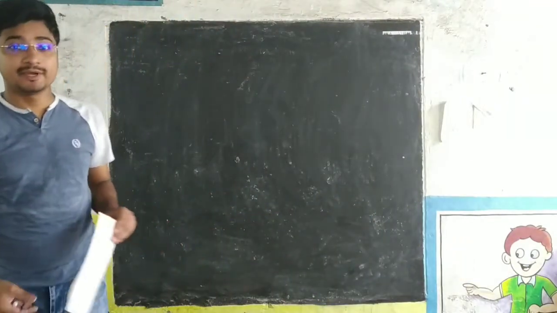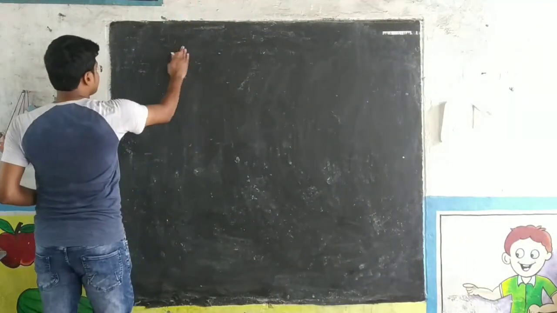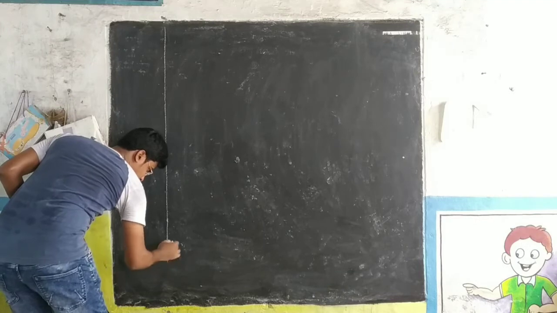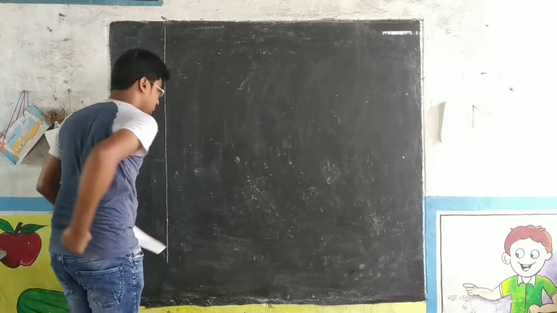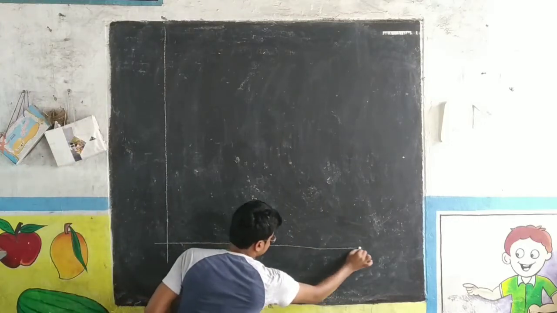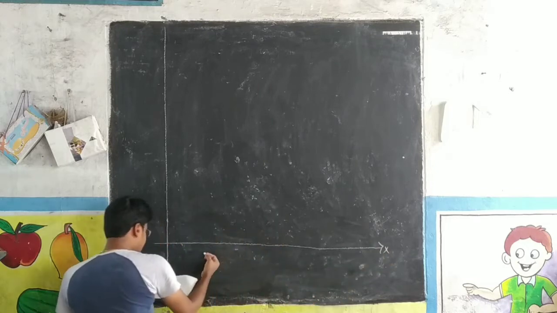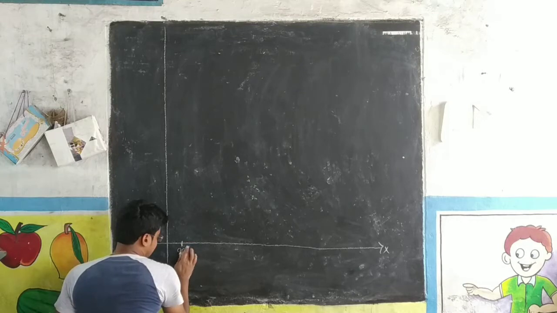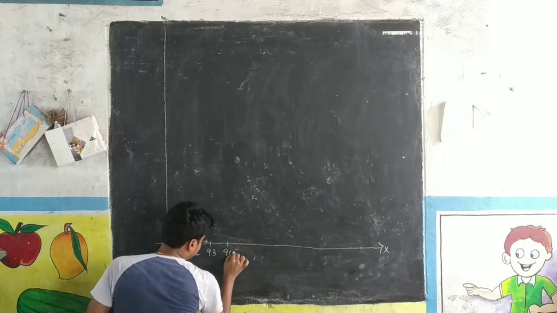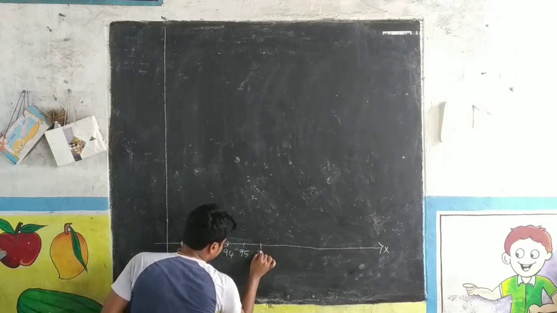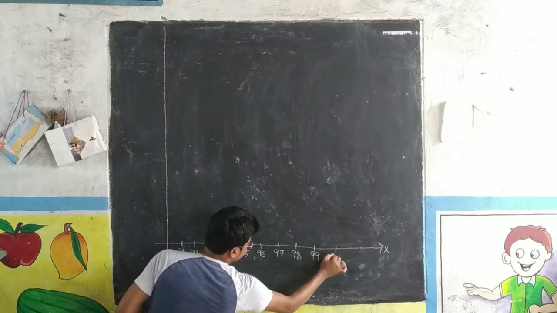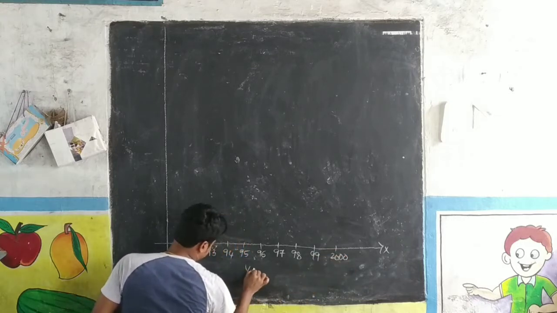Now we have to draw a curve by using the first and second columns. On the x-axis, it starts from 91, 92, 93, 94, 95, 96, 97, 98, 99, 2000 years.